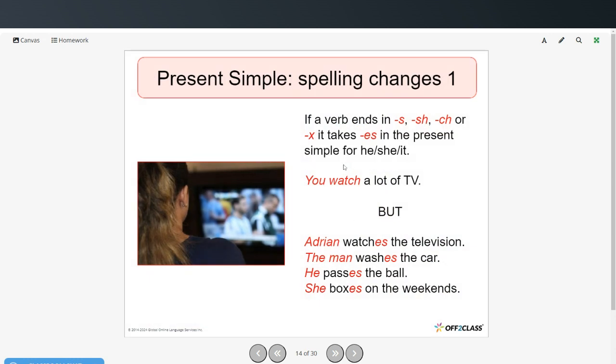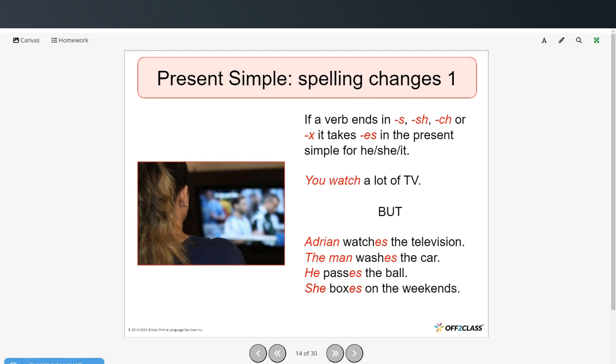So here are some spelling rules. If a verb ends in S, SH, CH, or X, you have to add an ES in the present simple for he, she, or it. You watch a lot of TV, but Adrian watches the television. The man washes the car. This is an SH.